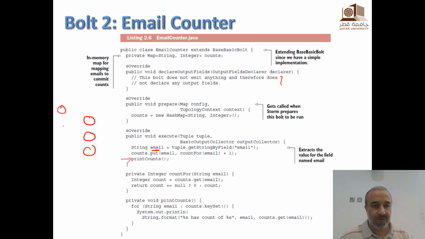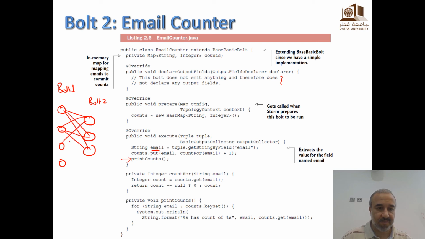And let's say that we have 4 tasks from the previous bolt. So this is bolt 1, this is bolt 2. And what was the type of the grouping? Fields. So you expect that there is something like this, depending on the values of the emails. Now let's look at this task.